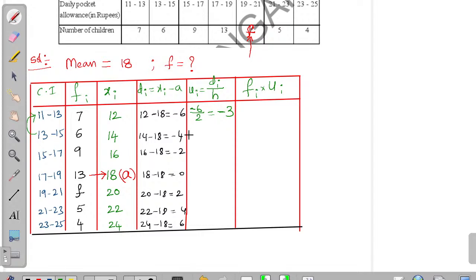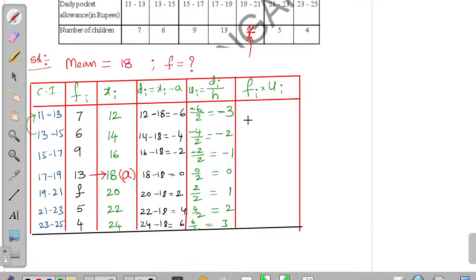Then minus 4 by 2 is minus 2, minus 2 by 2 is minus 1, 0 by 2 is 0, 2 by 2 is 1, 4 by 2 is 2, 6 by 2 is 3.